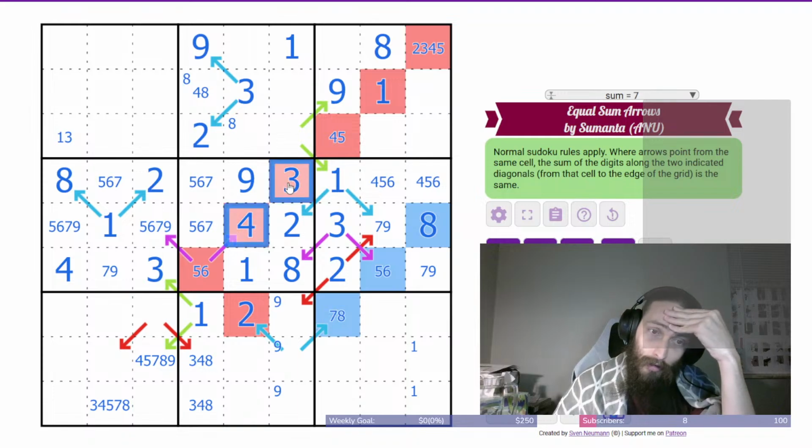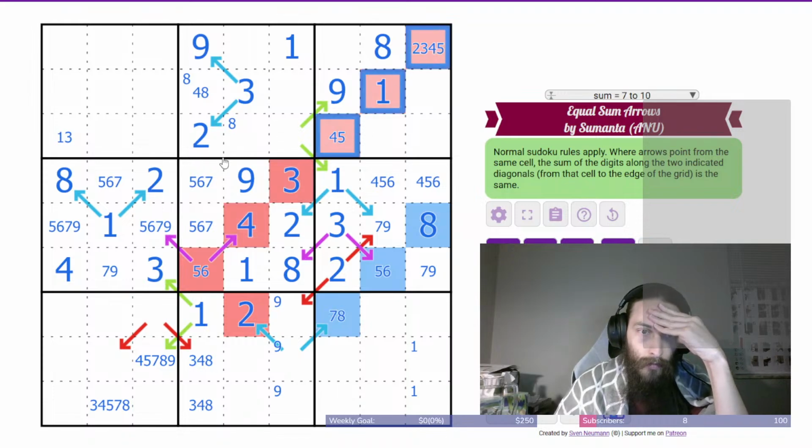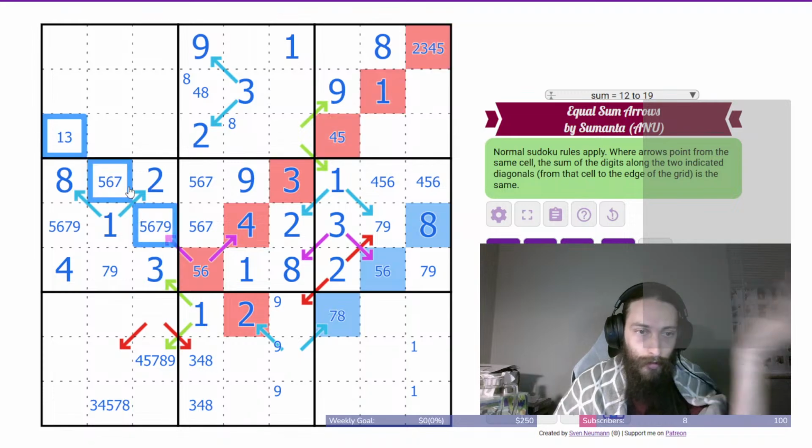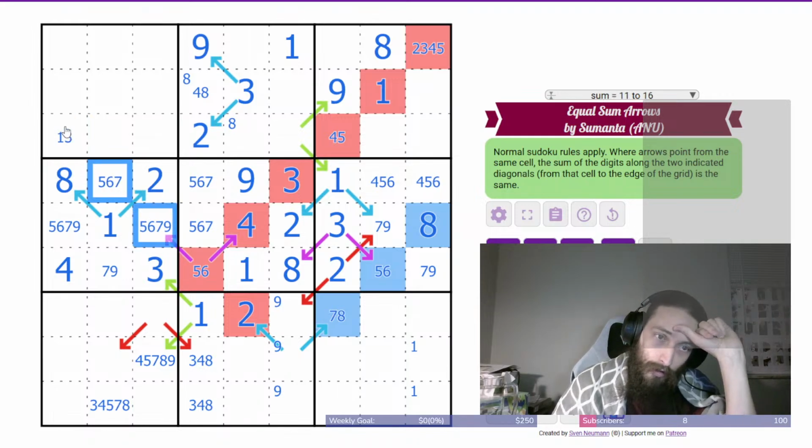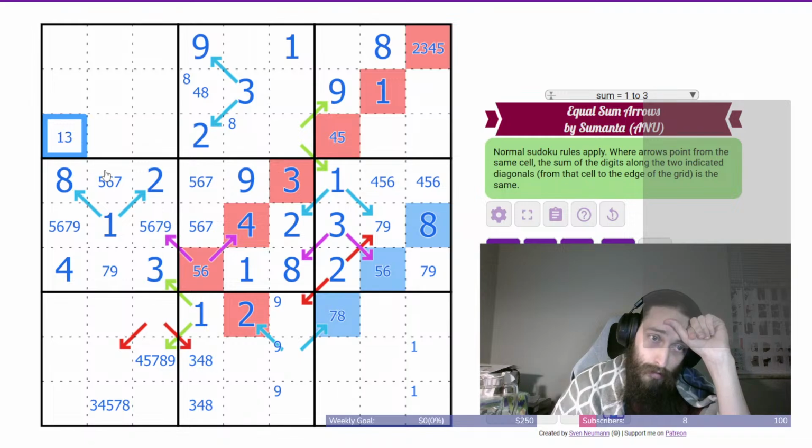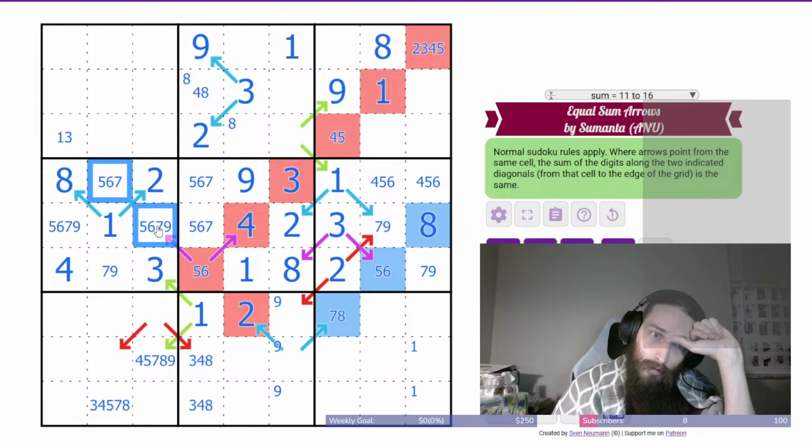But we do have 7 here guaranteed. And this is now 7 or 8. So this is either 14 or 15. 14 could be 5, 6, 3. 6, 7, 1, which wouldn't use a 5, but it would use the 6.